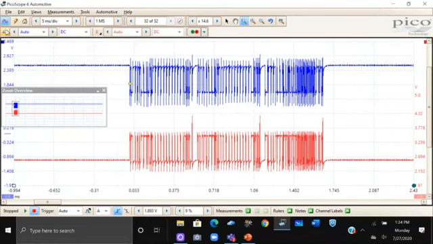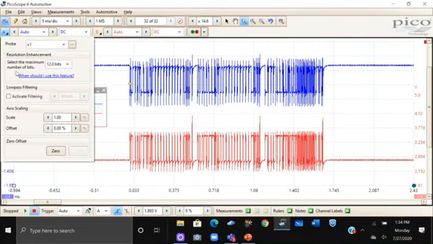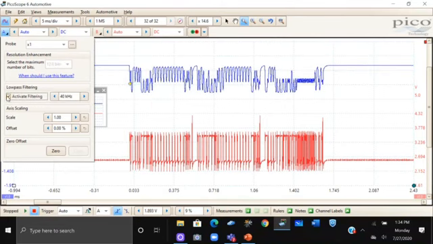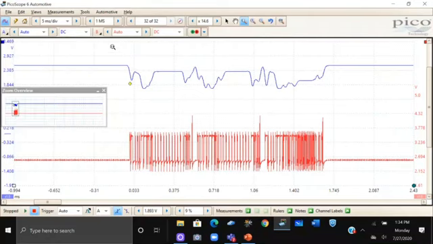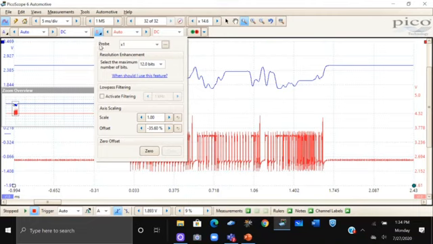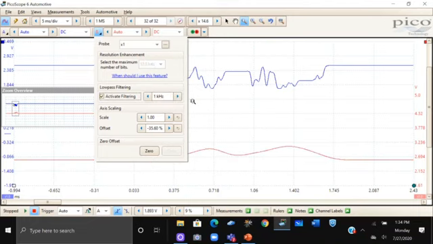Okay, I'm going to put some filtration on. Whatever low pass filtering you put on channel A, you have to also put the same thing on B, otherwise it isn't going to look right.